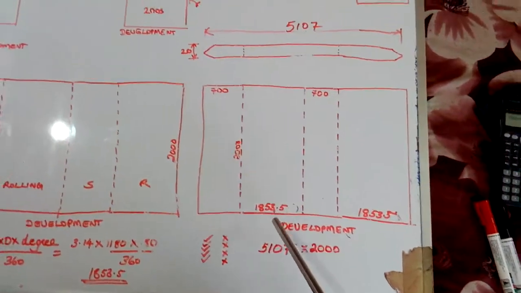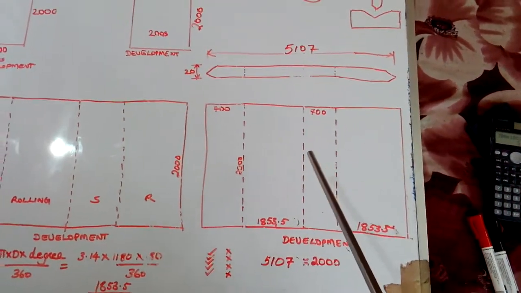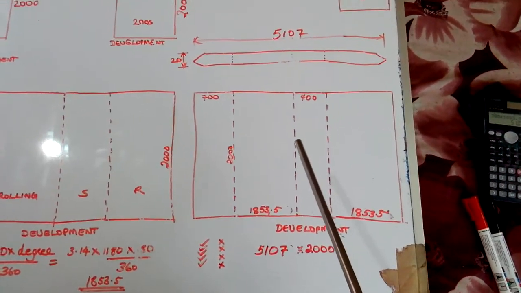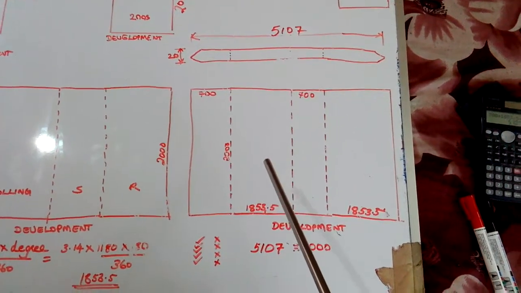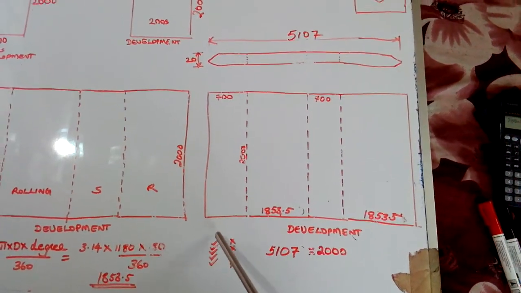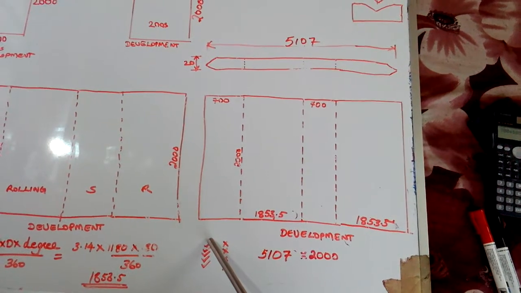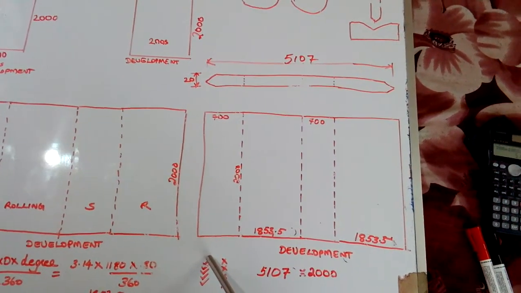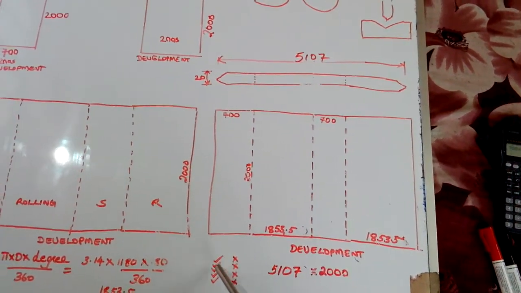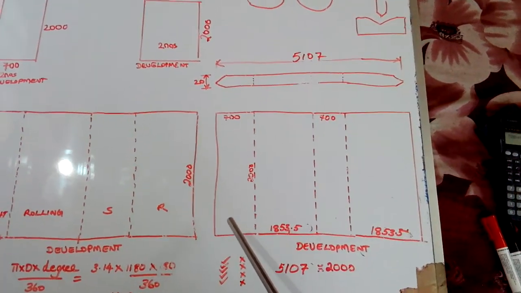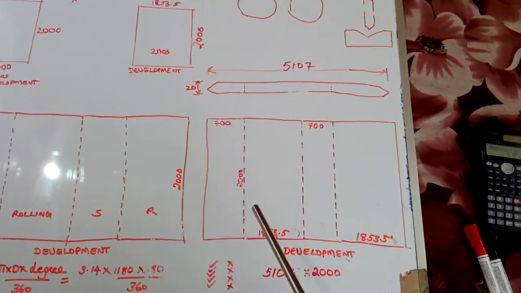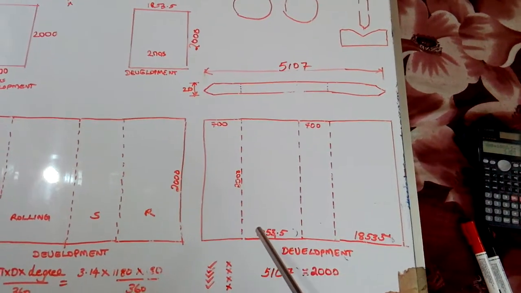One goodness of this job is we can make this from one material. That is one goodness. Another goodness is we don't lose material, because if it is a big plate, from one plate we can cut and make this one.